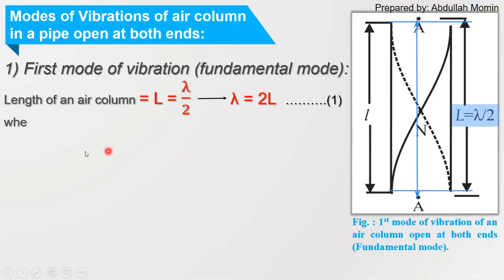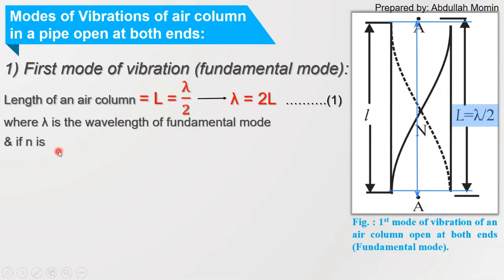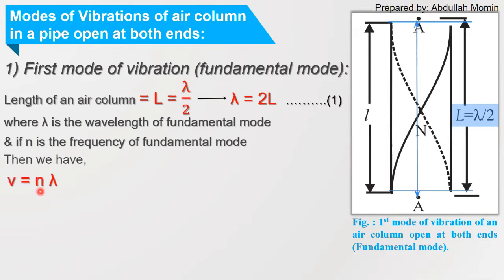Now here lambda is the wavelength of the fundamental mode of vibration, and if n is the frequency of the fundamental mode of vibration, then the velocity of this wave can be written as v is equal to n lambda.